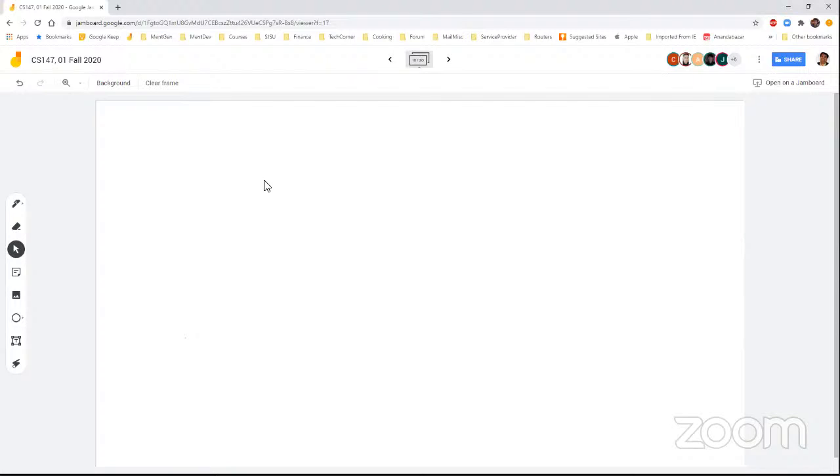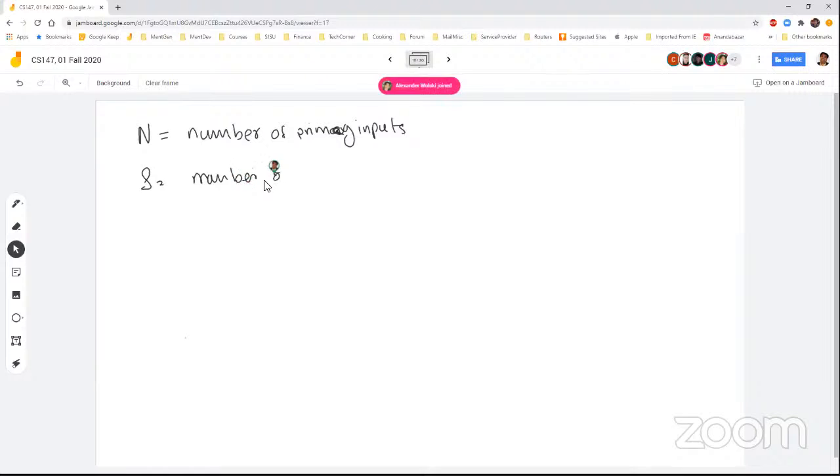Let's say n is the number of primary inputs, and S is the number of states you are dealing with.